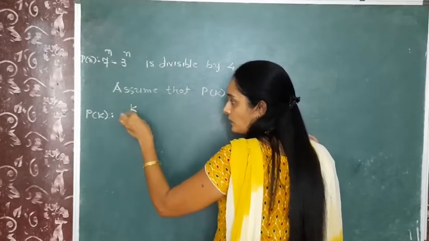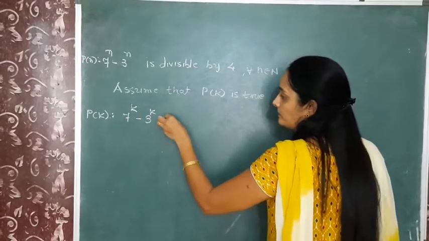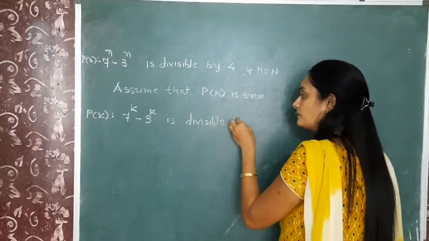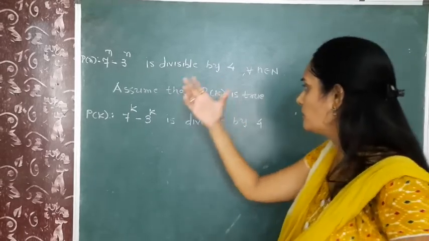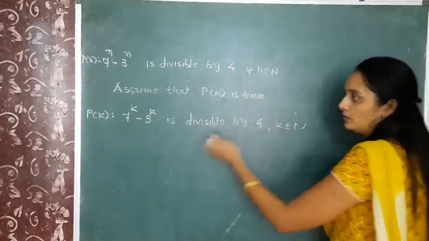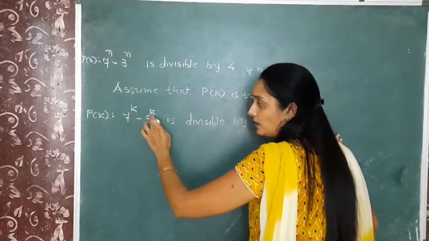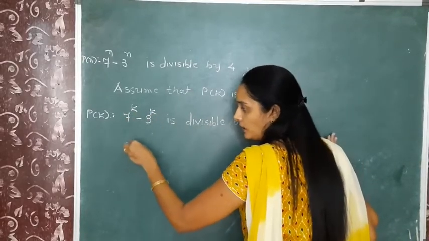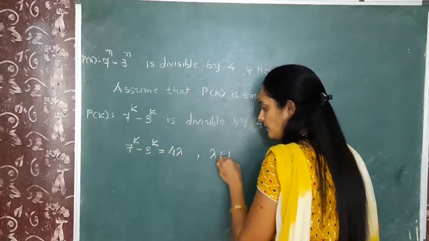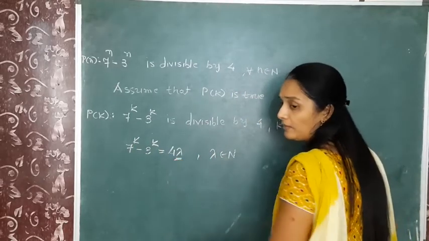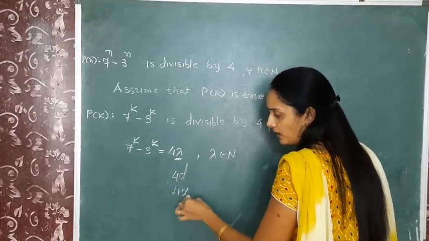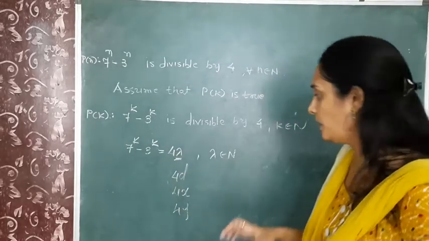So we assume that this statement is true: 7 raised to k minus 3 raised to k is divisible by 4. Therefore we can write 7 raised to k minus 3 raised to k is equal to 4 lambda, where lambda belongs to N. Lambda is any constant. You can also write 4d, 4x, 4y, any number.